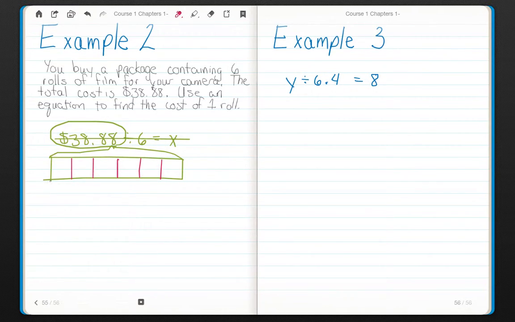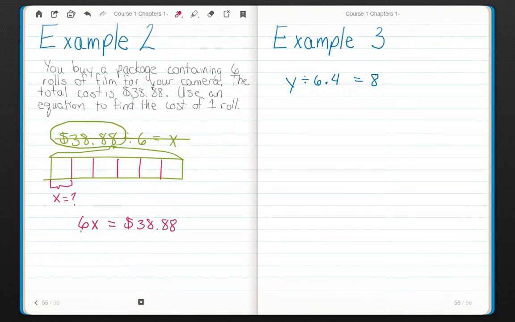I want to know how much is the cost of one. So if I look at the equal parts, I have 6 parts times x dollars per part equals $38.88. So here's my equation.